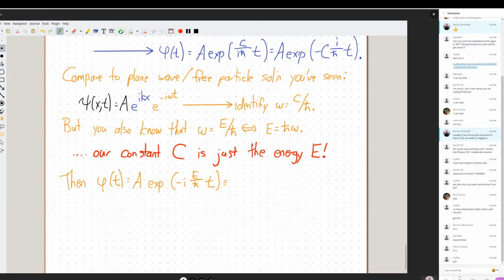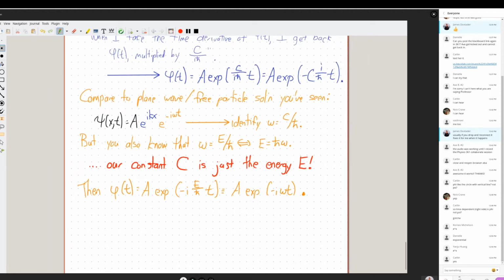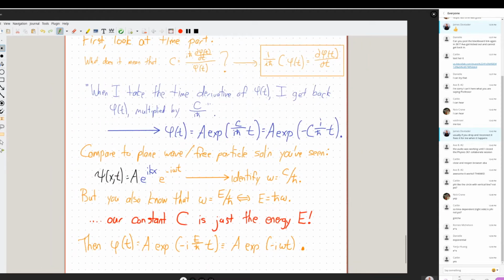Or equivalently, A exp minus i omega t. So now we figured out something about the energy of our solution, and we've associated that energy with the frequency. So we have figured out what phi of t is.